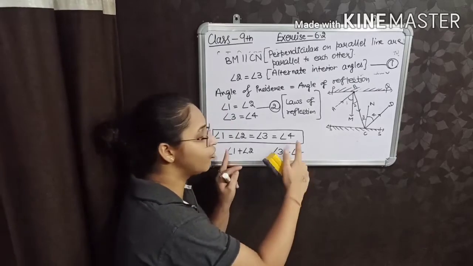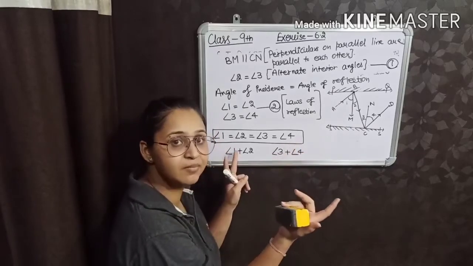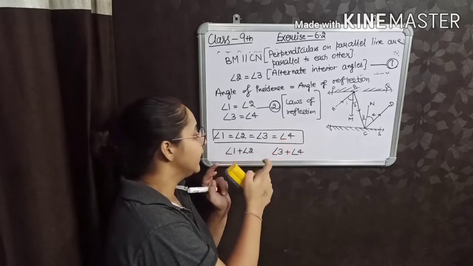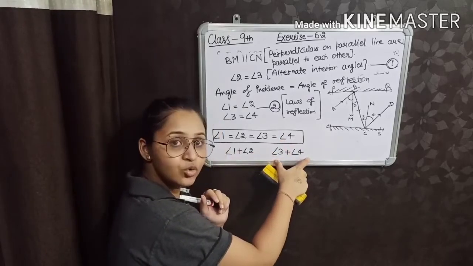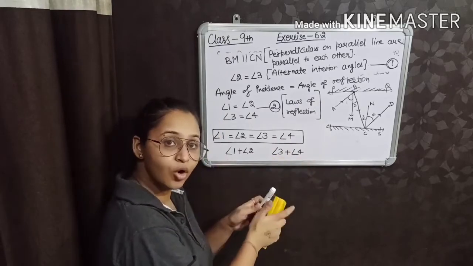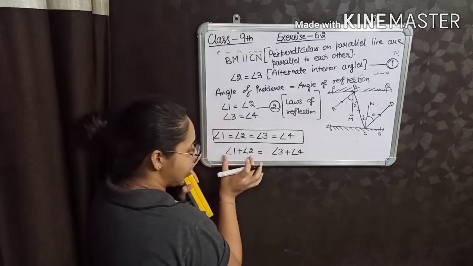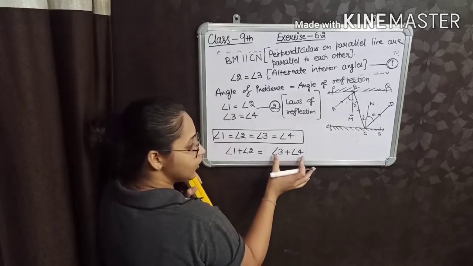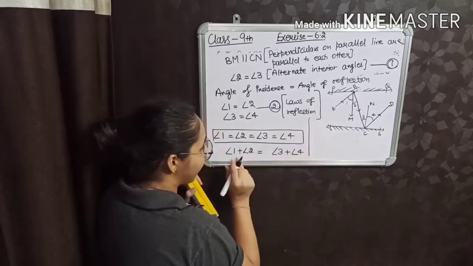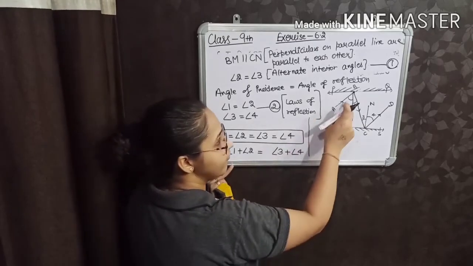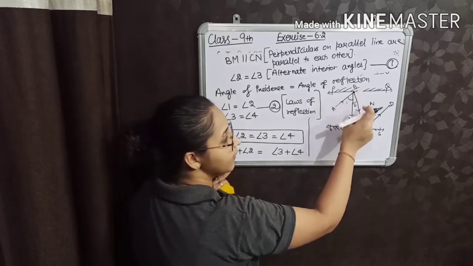Because if these four angles have the same measurement, then if I add these two or I add these two, the result will be the same. So angle 1 plus angle 2 is equal to angle 3 plus angle 4. Now, what is angle 1 plus angle 2? Angle 1 plus angle 2 is equal to angle ABC.